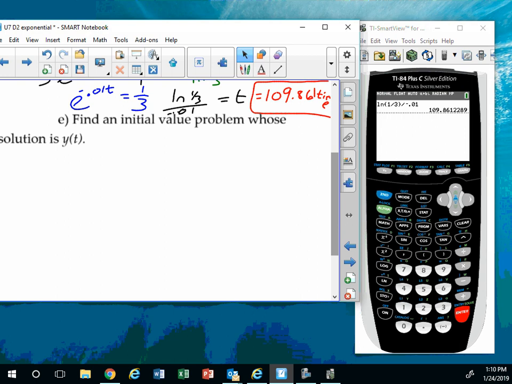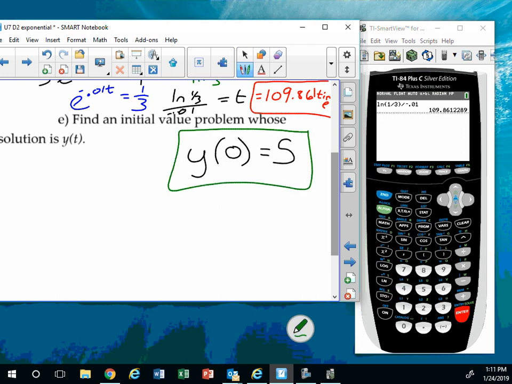What did I say you had to have? A derivative, dy/dt, and the initial value. So let's start with the initial value. That's easy. y of 0 equals 5. There's my initial value. Now let's talk about dy/dt.